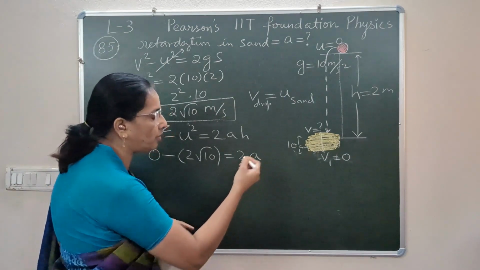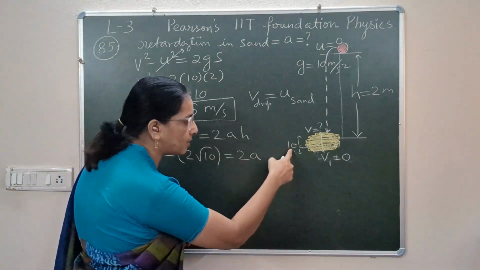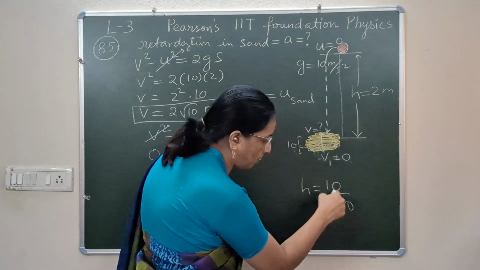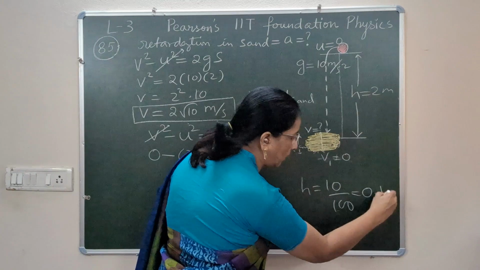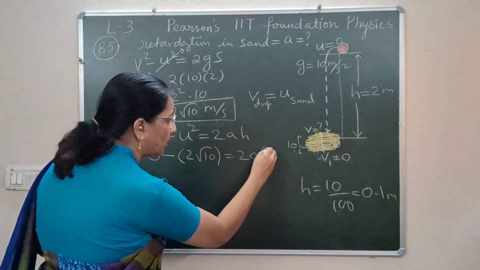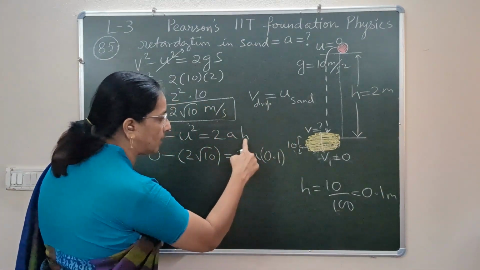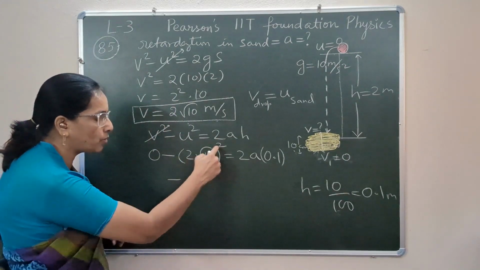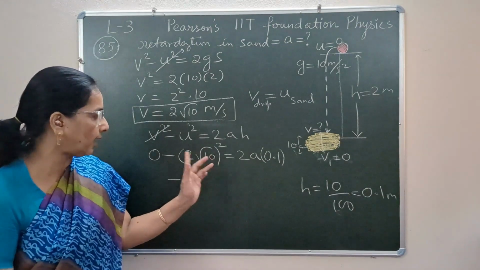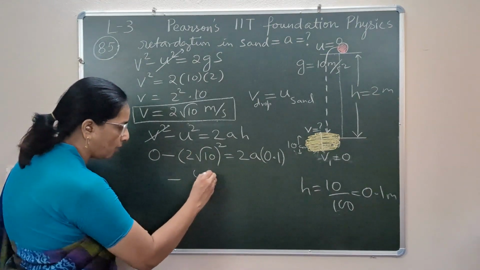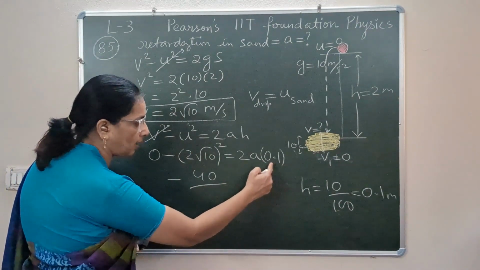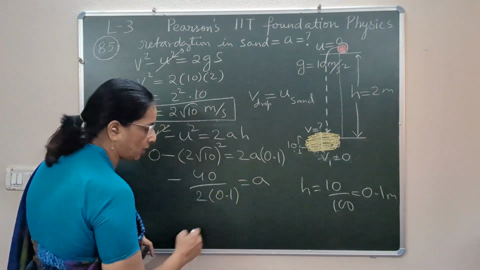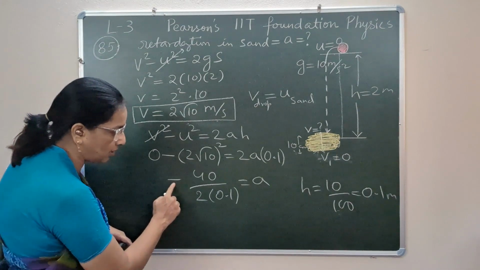Acceleration here means retardation, and h is 10 centimeters. We convert 10 centimeters to meters by dividing by 100, which turns out to be 0.1 meter. So 0 minus 2 root 10 squared is minus 4 times 10, which is minus 40, divided by 2 times 0.1, because we are getting acceleration in negative.